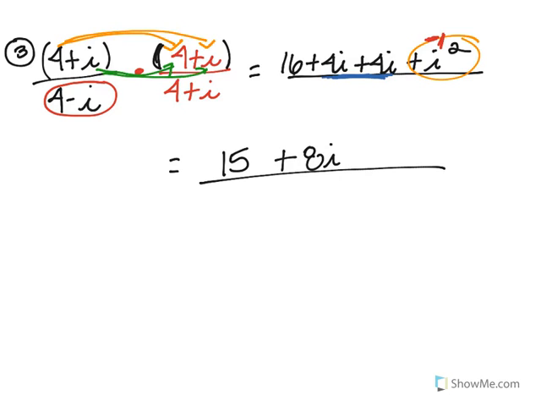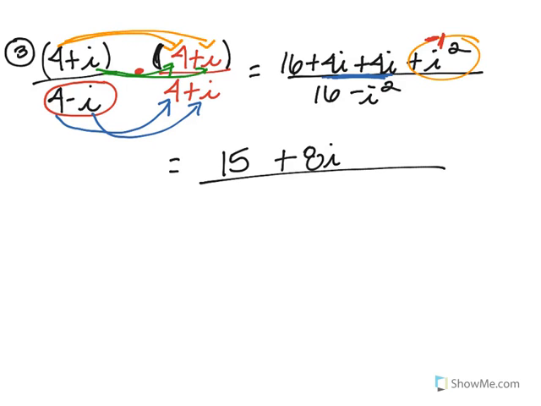So on the bottom, we're going to multiply just the 4's together and the i's together, because the whole purpose of doing the conjugate is that the middle cancels out, okay? You don't have a middle. So you're going to just multiply 4 times 4, which would give us 16. And then negative i times i is a negative i squared.